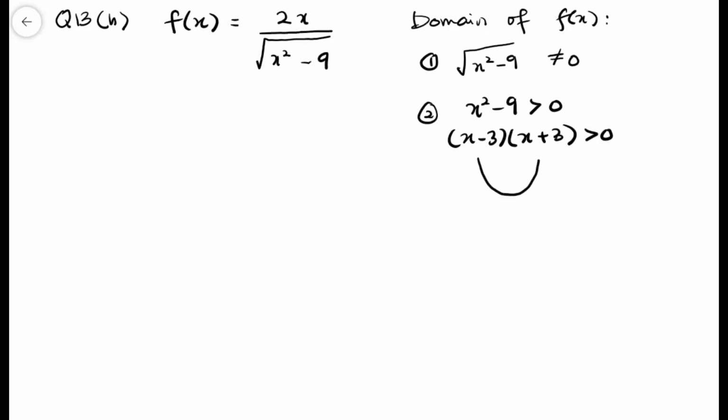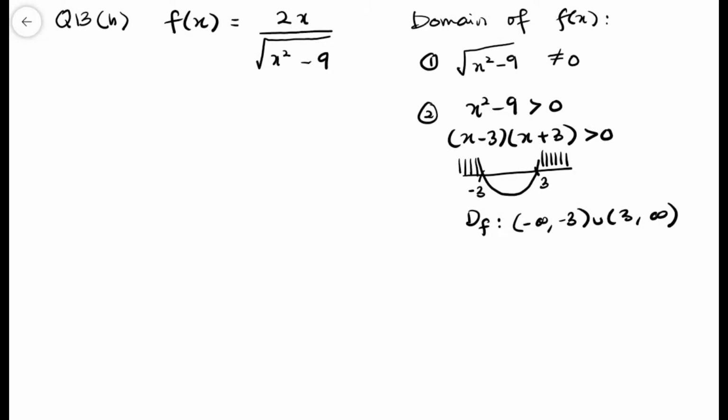By sketching the graph, this is negative 3 and this is 3. Greater than 0 will take the part above the x-axis. So what should you have? The domain for the function is from negative infinity to negative 3, union 3 to infinity.